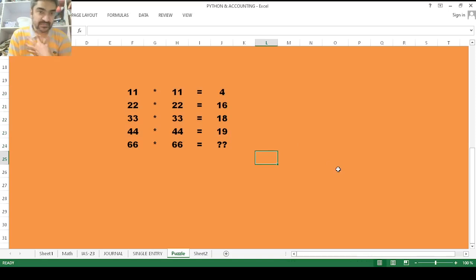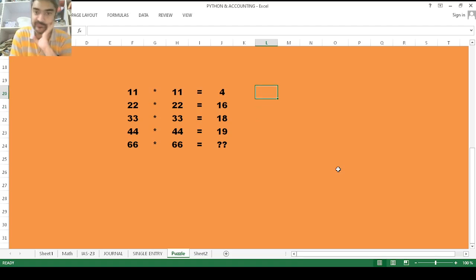Now you can see that there is some pattern involved in this question right away from the very first equation. So what pattern comes to my mind, I try to solve it first.